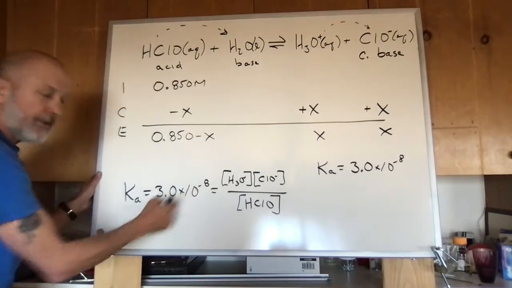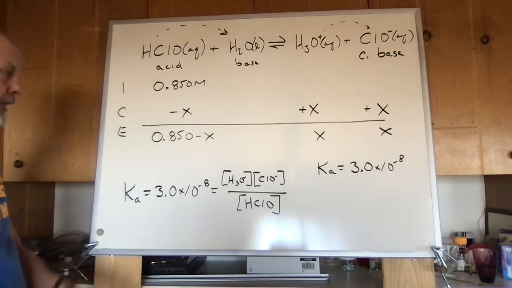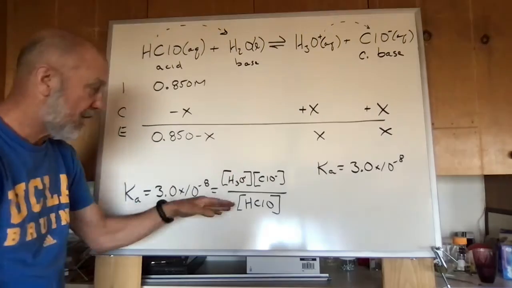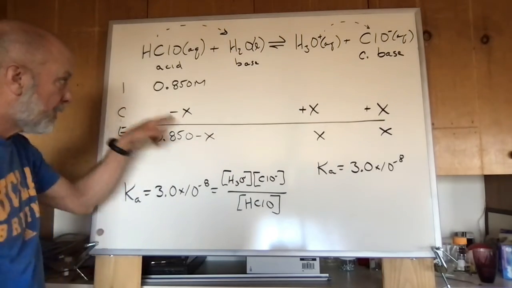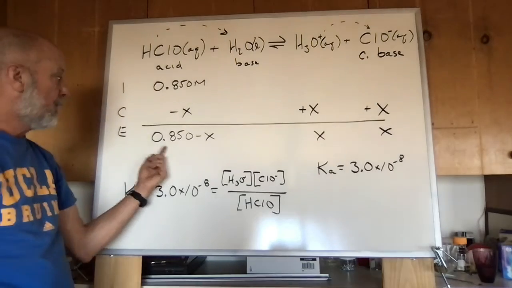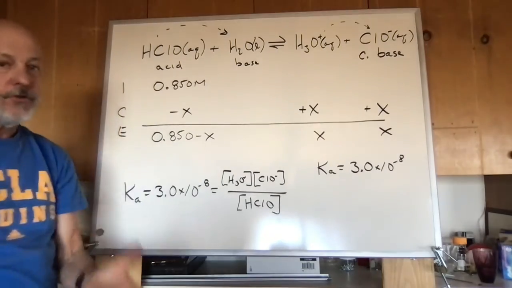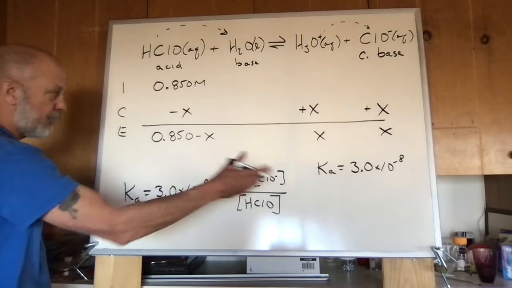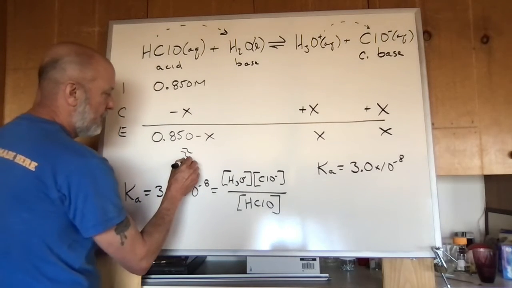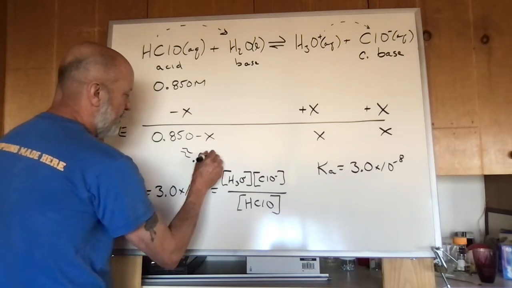This expression comes out to a very small number. Therefore, I know that what I've got here is a lot less than what I got here. So the amount that dissociates to produce that is very, very small compared to 0.850. So that we can simplify our expression, let's say this approximates to 0.850.